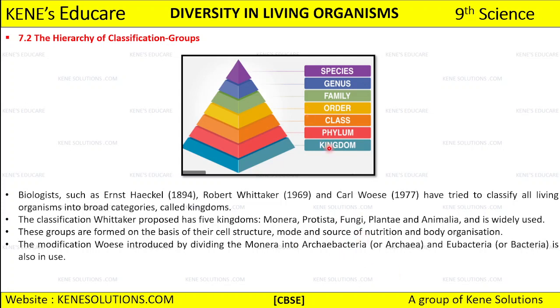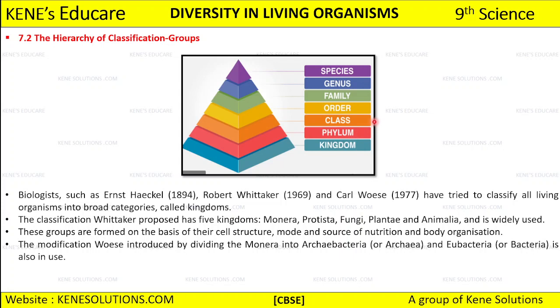Like we have kingdom. Suppose we take an example, kingdom Plantae: all the plants on our earth come under this kingdom Plantae. Now, depending upon the cell structure they have, the source of nutrition, and the body organization of the plants, we divide the plants further into phylum.